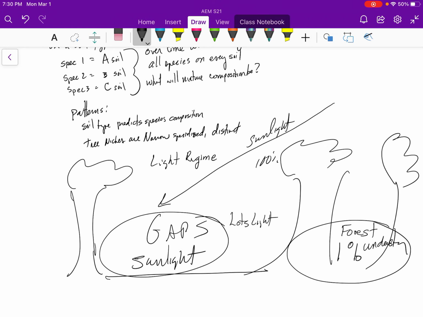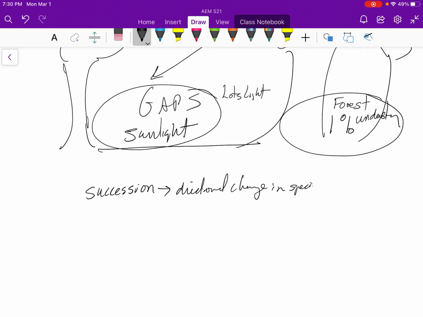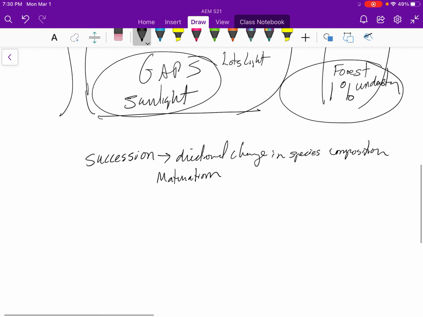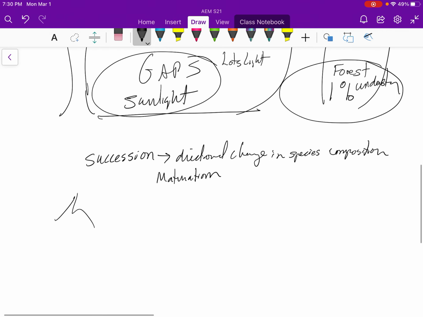Now, what we know about succession is that this process is a directional change in species composition that occurs as a result of maturation. Essentially, in a lot of habitats, you might begin, if you have a fire, where the tall trees that were here get burned to the ground.